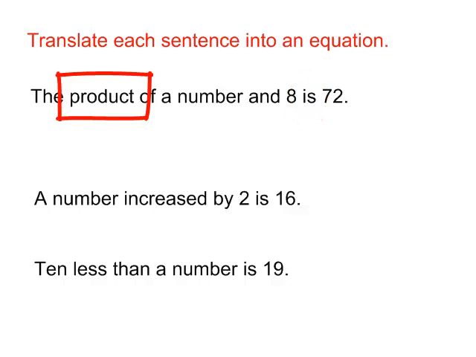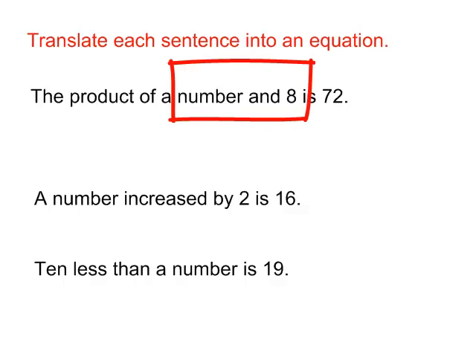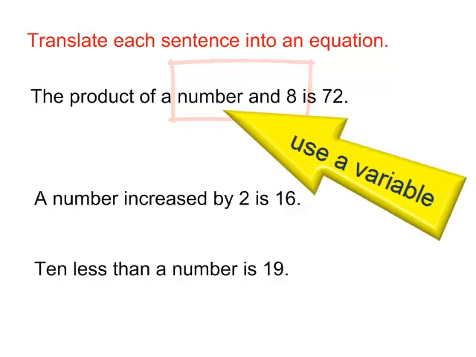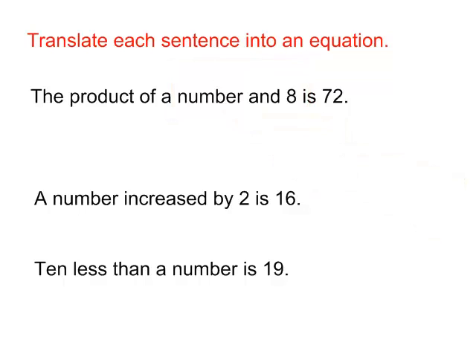Product means to multiply. I'm supposed to take the product of a number and 8. What number? I will have to use a variable for that number. So let's use y for our number this time, for our variable. So the product of a number and 8, I could use y times 8 equals 72.